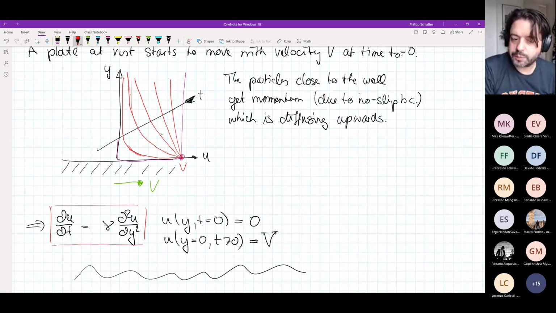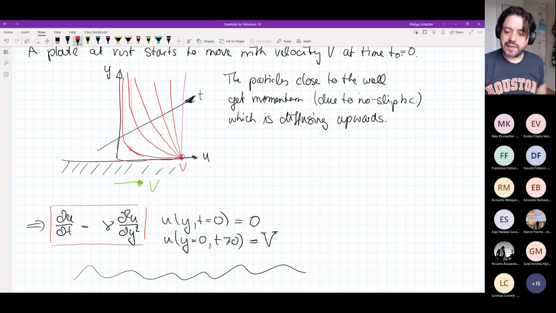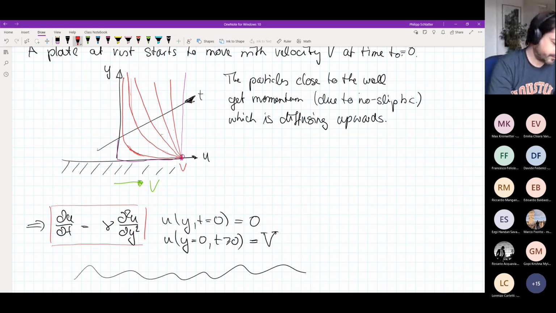So there may be a scaling that would make it possible to combine the two variables y and t into just one variable. And of course, as soon as we have a differential equation that is only a function of one variable, we have gone from a partial differential equation to an ordinary differential equation.